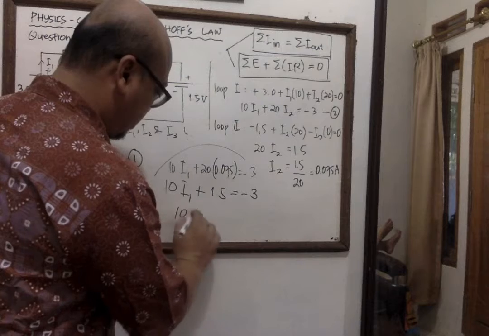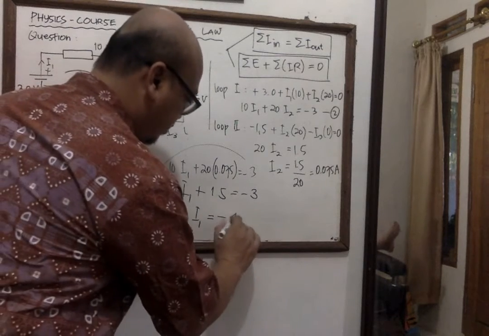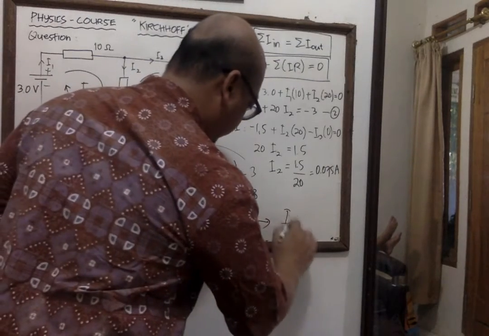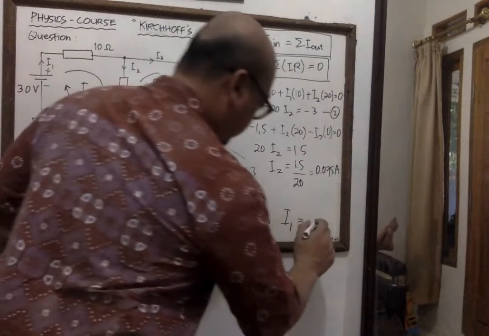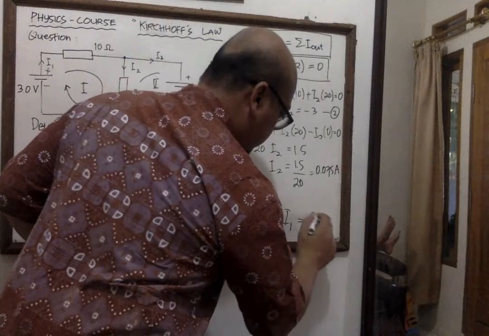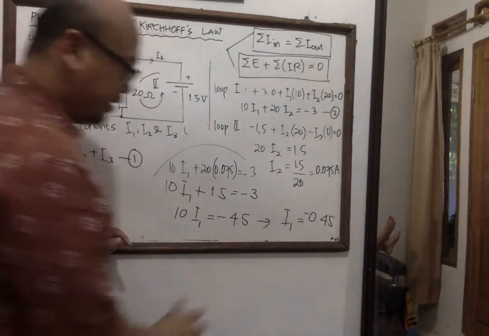So 10 I1 plus 20 times 0.075, which is 1.5, equals minus 3. We get 10 I1 equals minus 4.5, so I1 equals 4.5 divided by 10, 0.45, but negative, ampere.